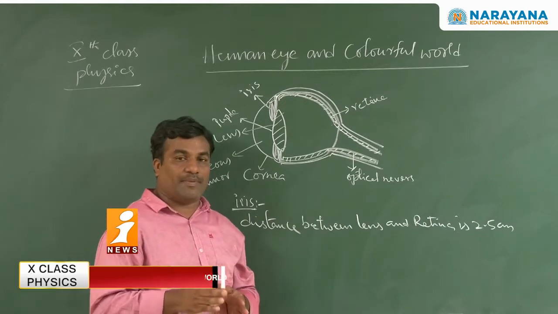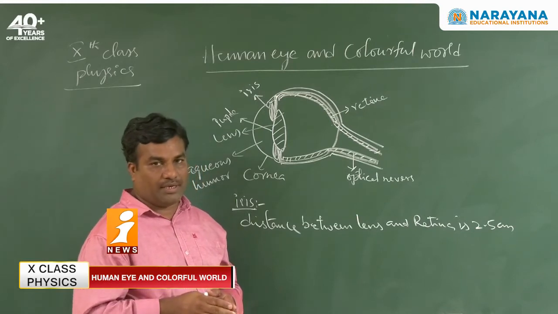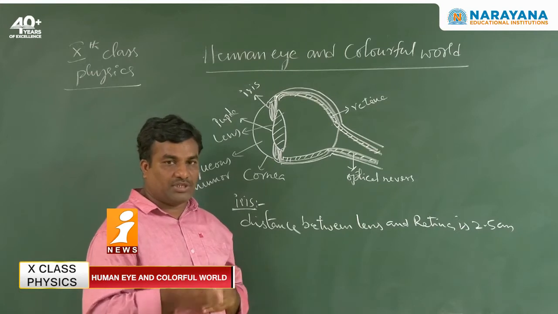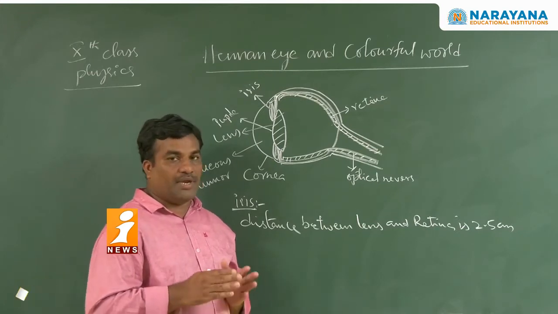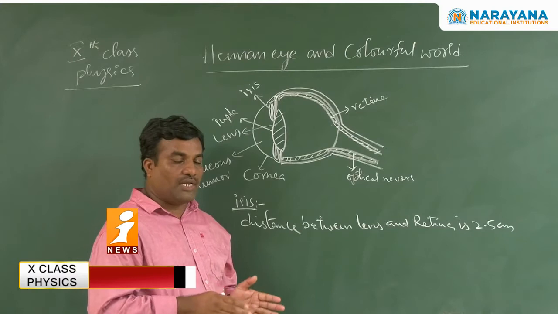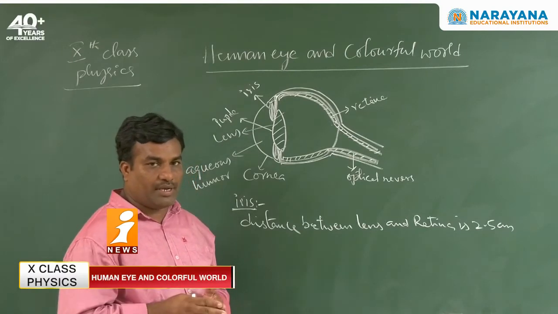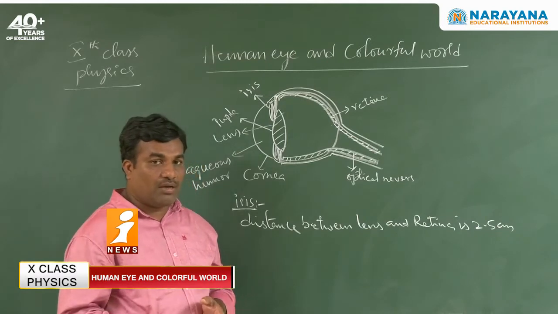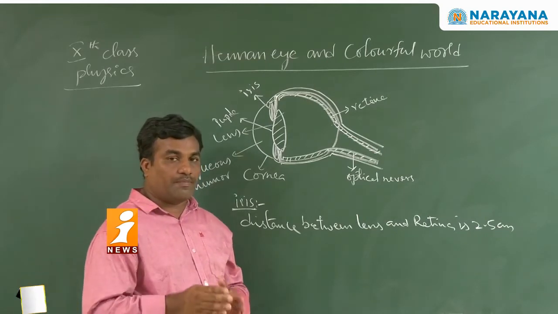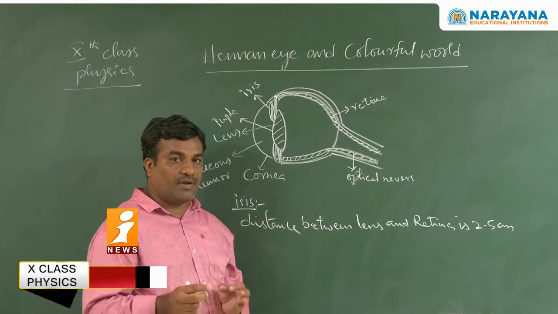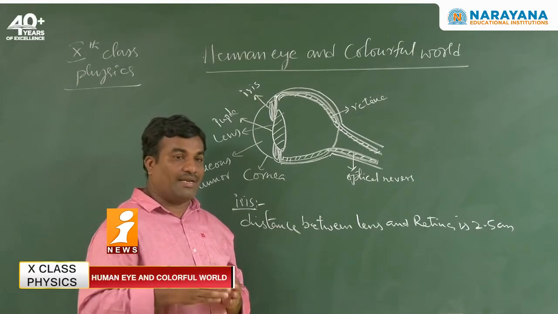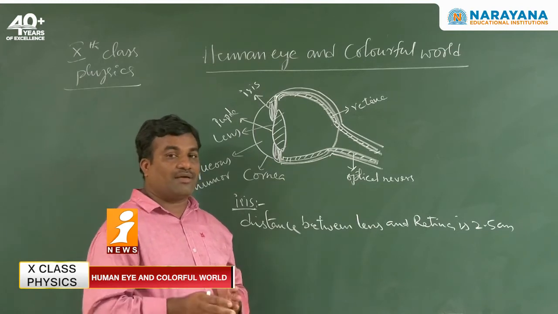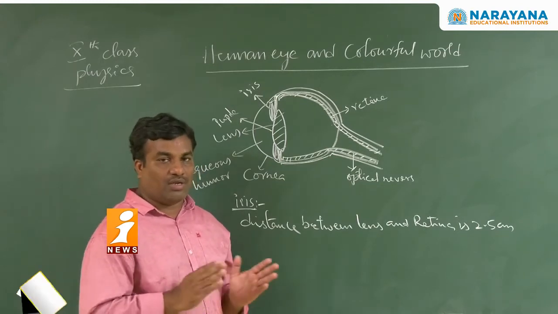The focal length depends on the nature of the material and the radius of curvature. So we can change the focal length by using a different type of lens or by changing the radius of curvature, and then we can get a constant image distance on the retina.